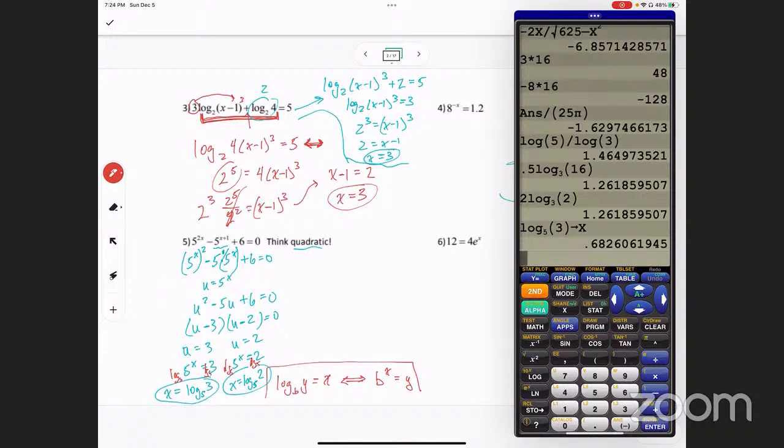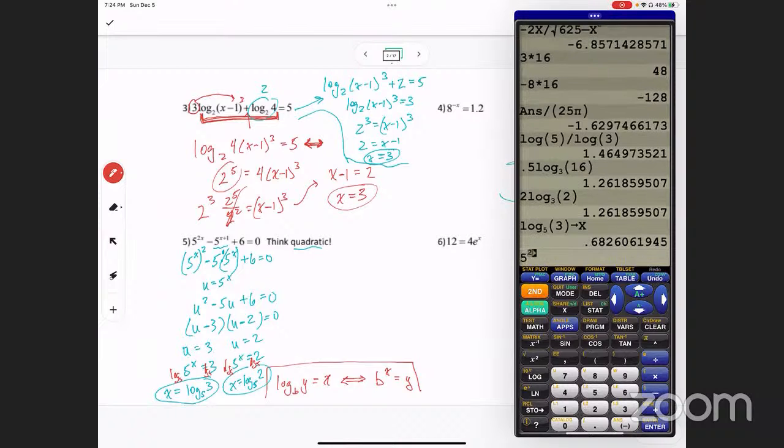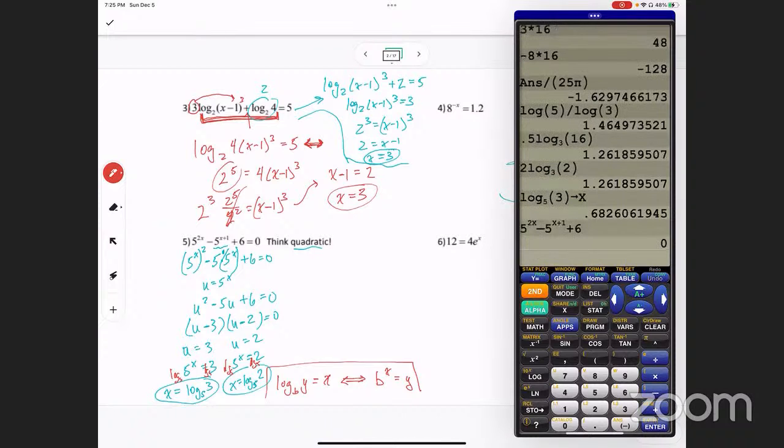And now I just type in 5 to the 2x minus 5 to the x plus 1 plus 6. And what should my answer be when I hit enter? 0. Boom.